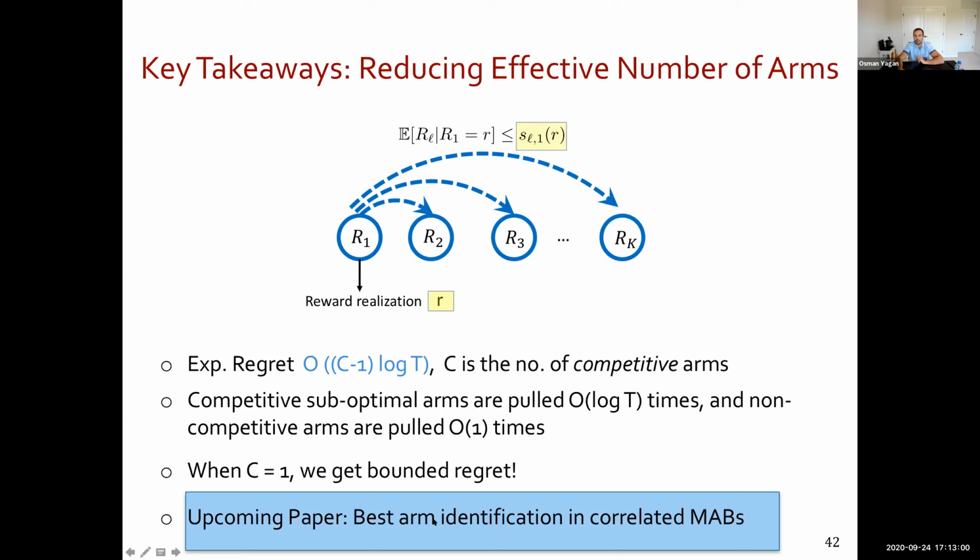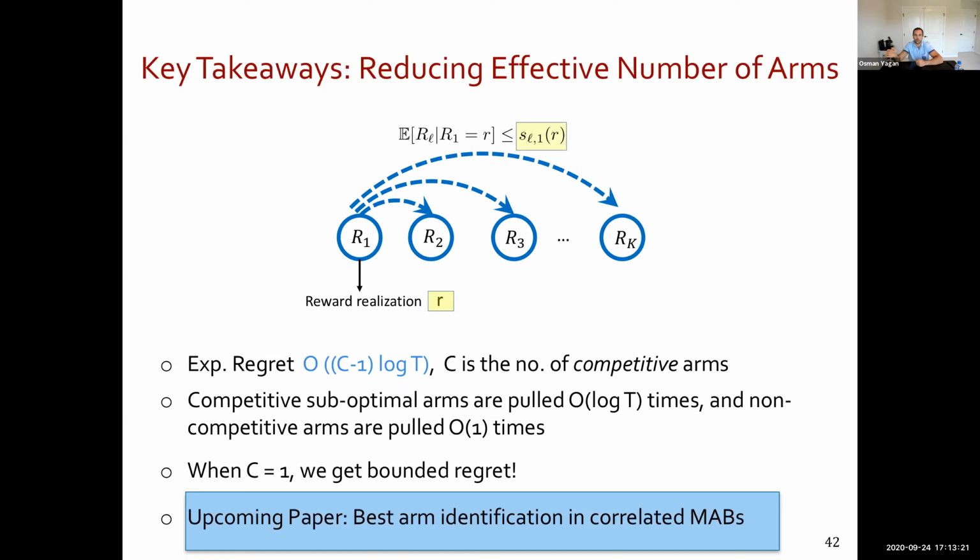One thing I didn't have time to talk about here is the best arm identification problem. There the goal is not to worry about the regret, but to say, I want to know which of these actions returns the highest mean reward, so which one is the best. And I want to decide this using as few samples as possible.